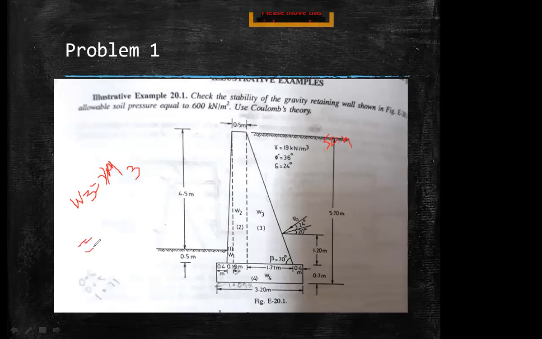How much are you taking the base to be? 1.71. Height 5 meters, right? Half into 1.71 into height 5 meters, and unit weight 24. How much are you getting?